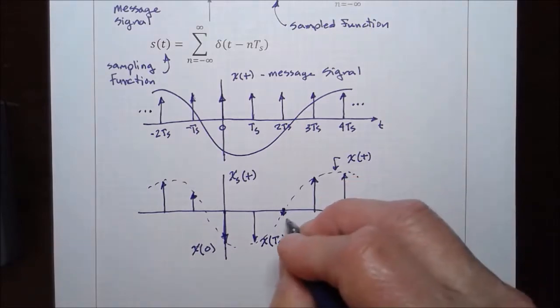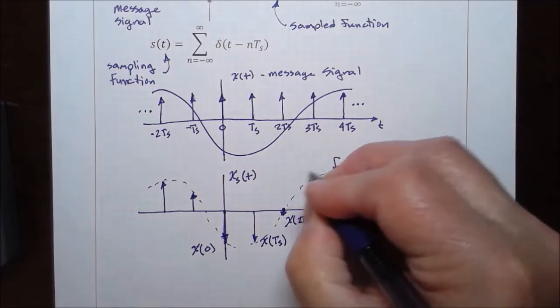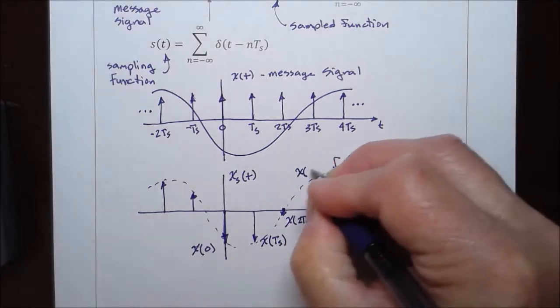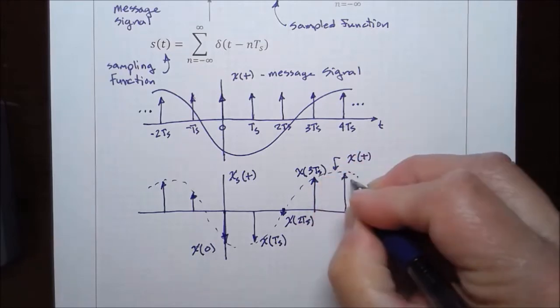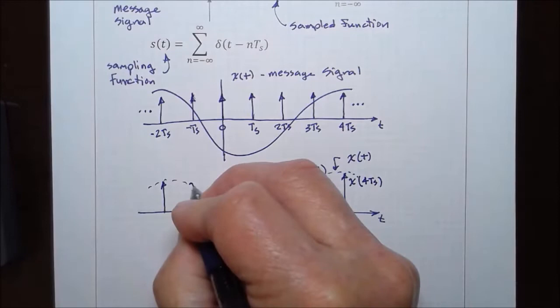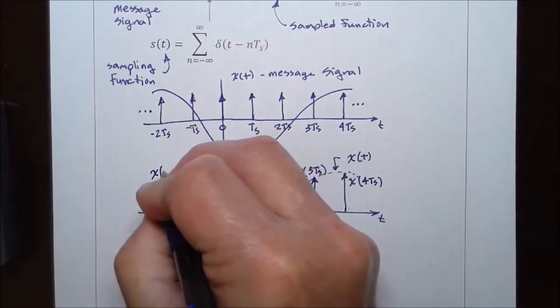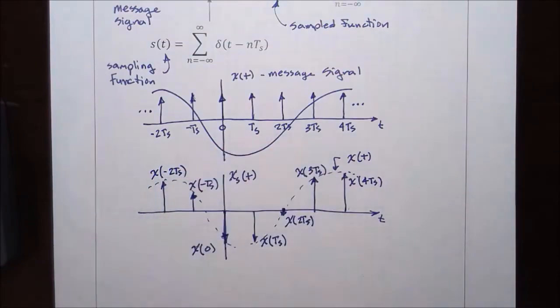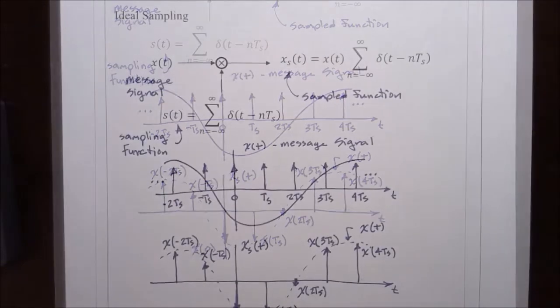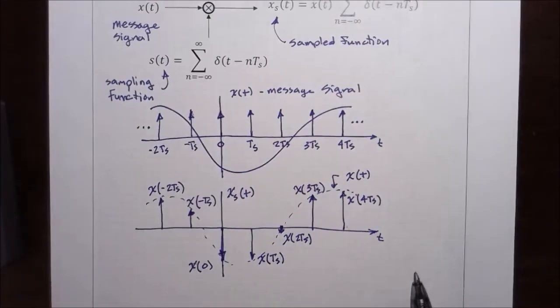This one has a scale of x at 2ts, and this is the value of x at 3ts, etc. So this now is the sampled signal. So we've determined what the sampled time signal looks like.